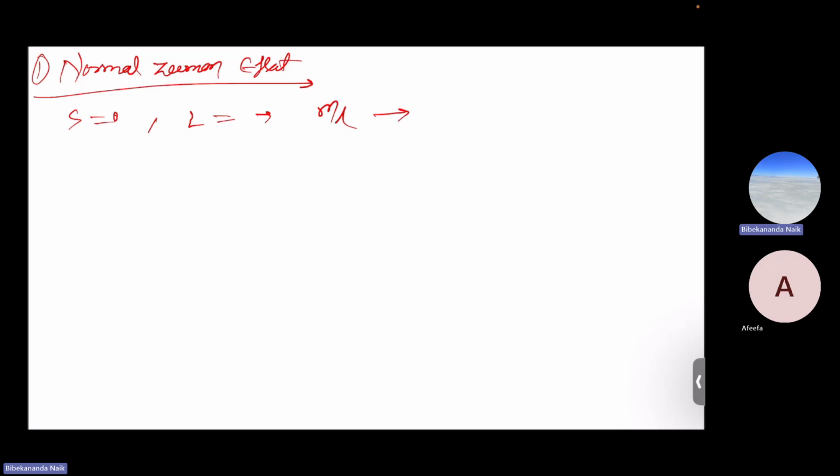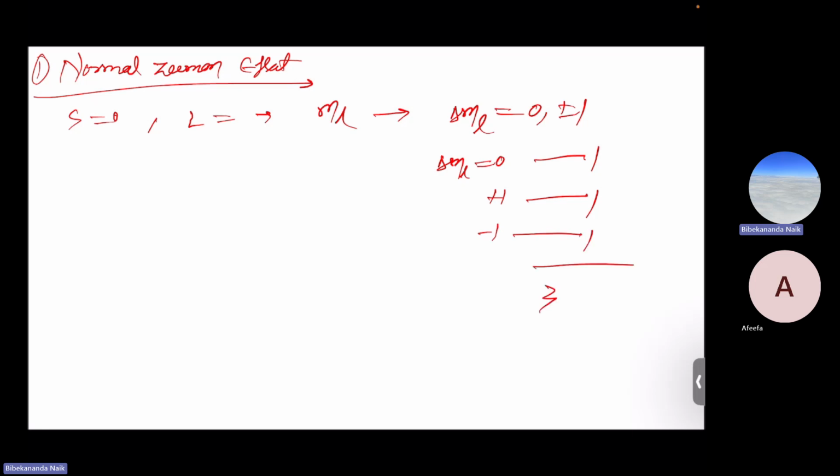The selection rule is delta ml equal to 0, plus or minus 1. Delta ml 0 corresponds to one line, plus 1 corresponds to one line, and minus 1 corresponds to one line. So there are three components. That is the normal Zeeman effect.